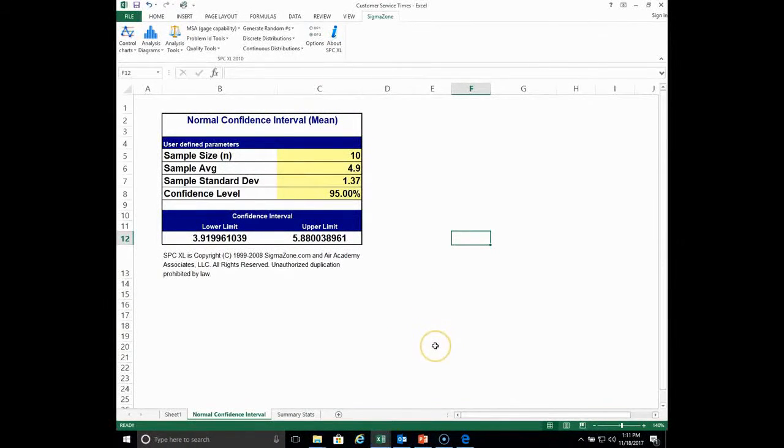We are 95% confident that the population mean is somewhere between 3.9 and 5.88. That's what that means. So I hope this little tutorial, together with the options you have in SPC Excel for generating a confidence interval for the population mean, has been helpful. Thank you very much.